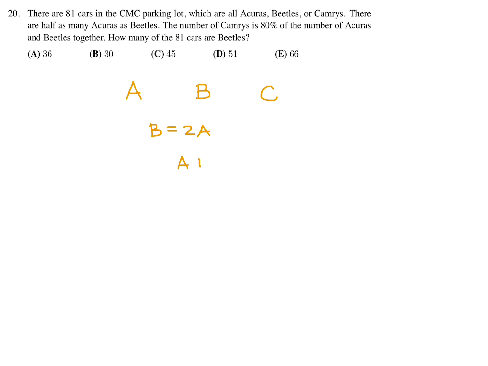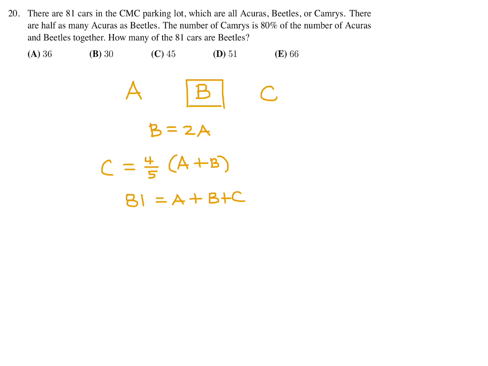So Acuras plus Beetles together, and 80% of that, so I guess 4 over 5, is equal to the number of Camrys. So that's our second equation. And then the last equation you can get from the last sentence, which is that there are 81 cars. So that means A plus B plus C is 81. And they want you to figure out how many Beetles are there. So they want you to figure out B.